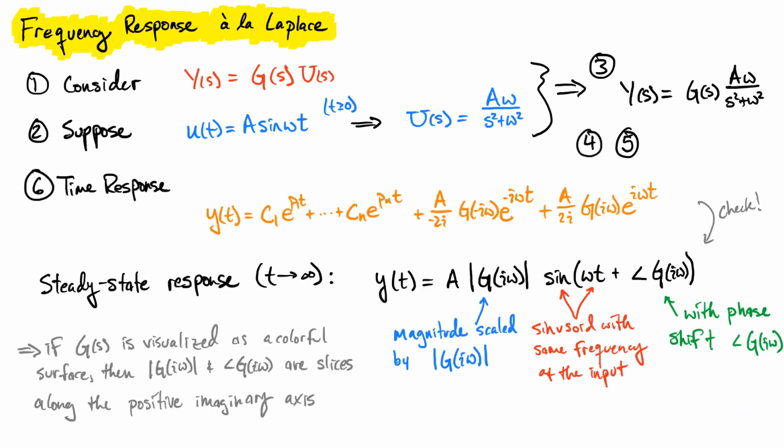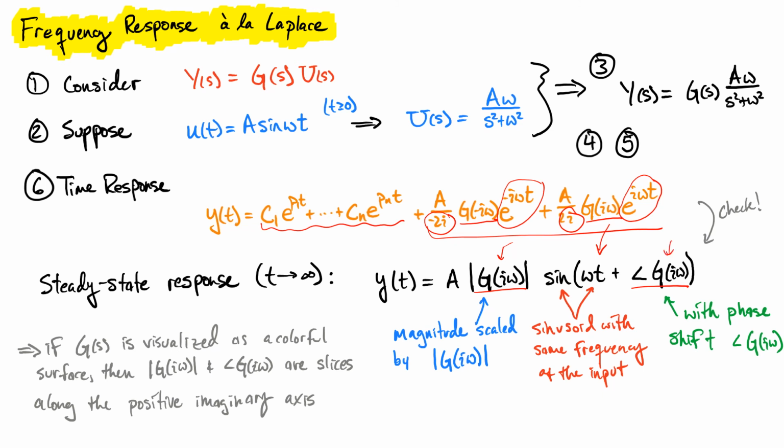So again, we've indicated that these are all going to decay away to 0 because it's a stable system, and we're left with these two pieces. And if you look at these denominators and these exponential terms, you'll see that we can rewrite that in terms of a sinusoid. Depending on the magnitude and the phase, G of minus i omega and G of i omega factor into the magnitude part and the phase part.